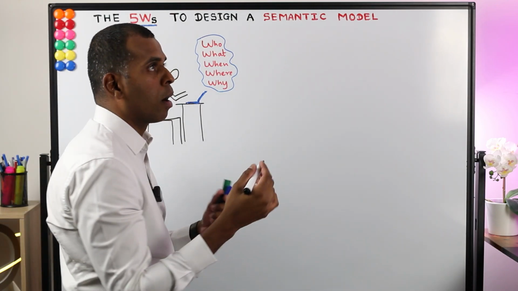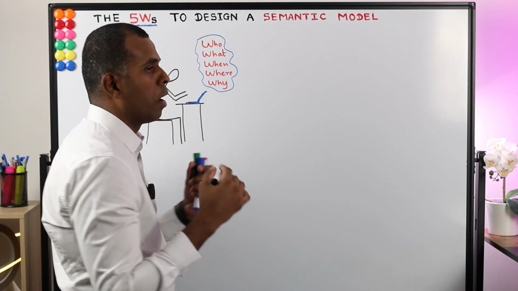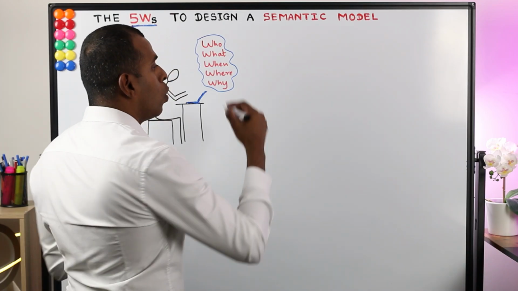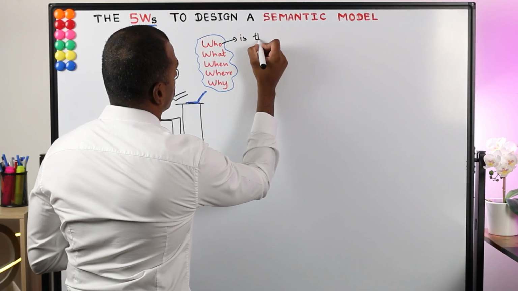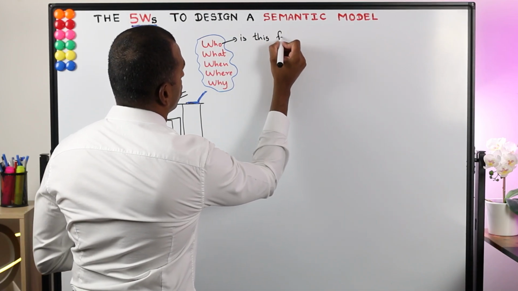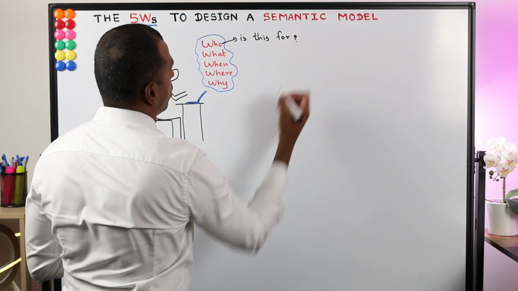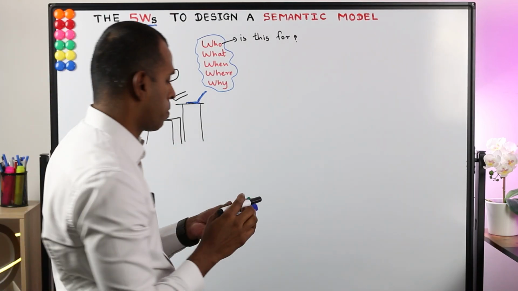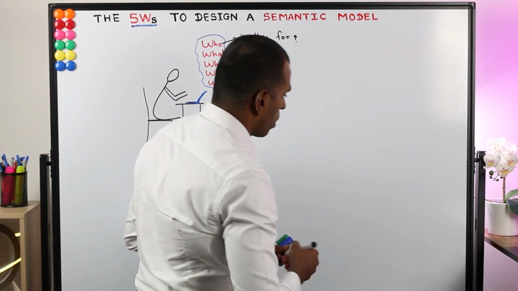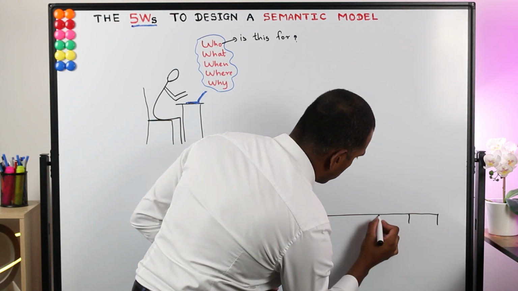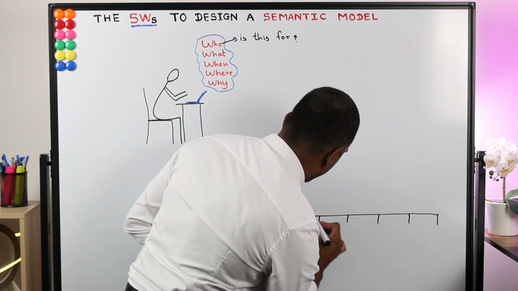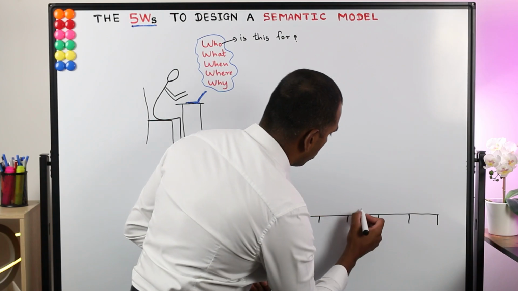So I think I need to understand who this is for. Who are the future users of this Power BI project? Let's take an organizational structure. That will make a lot of sense.